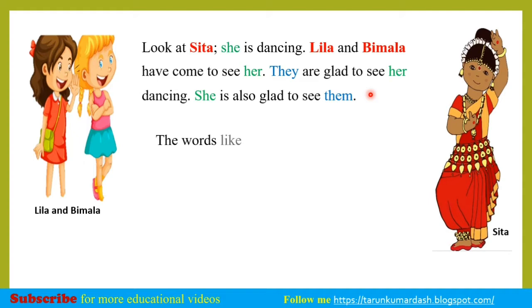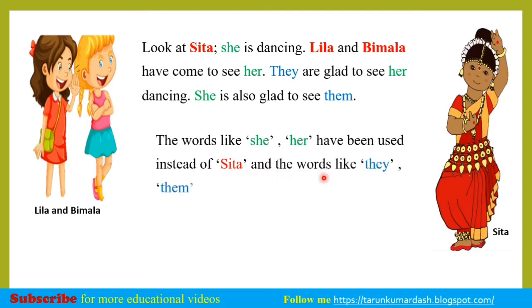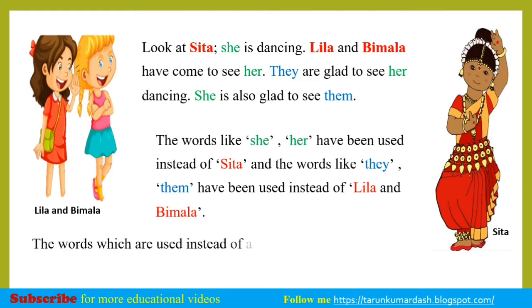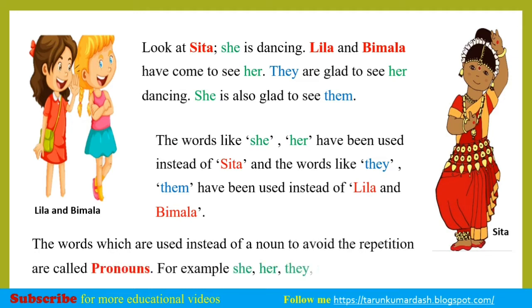So the words like she, her have been used instead of Sita, and the words like they, them have been used instead of Leela and Bimala. So I can say that the words which are used instead of a noun to avoid the repetition in a sentence are called pronouns. For example, she, her, they, them, it, etc.